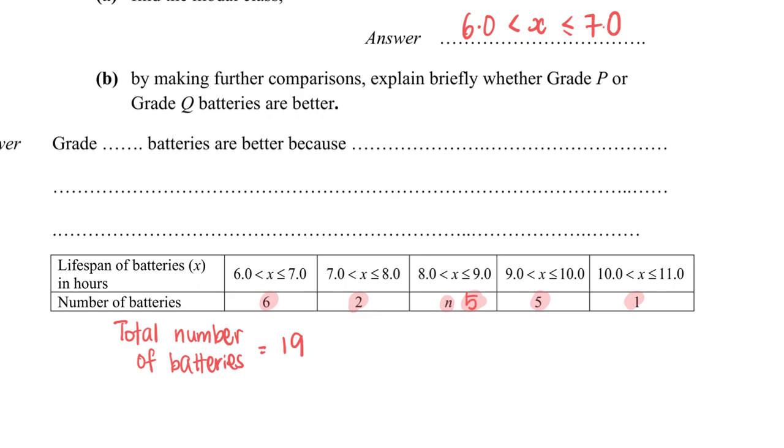This means that I already have 8 batteries here. Six batteries here, and out of these 5 batteries that is in the middle, 19, right?